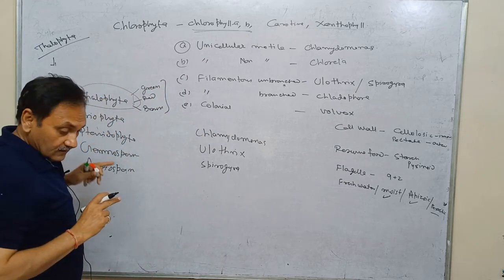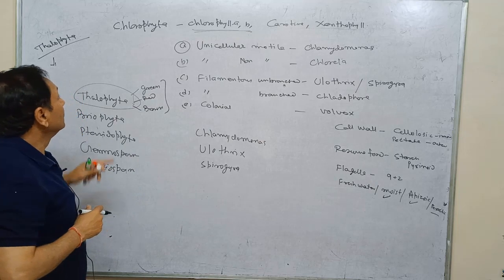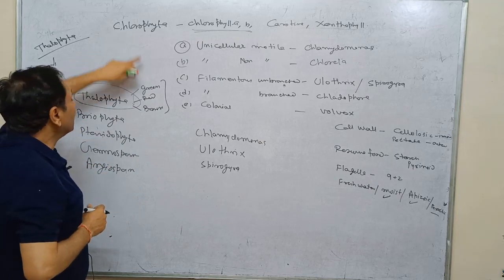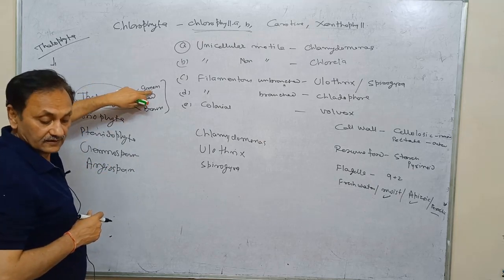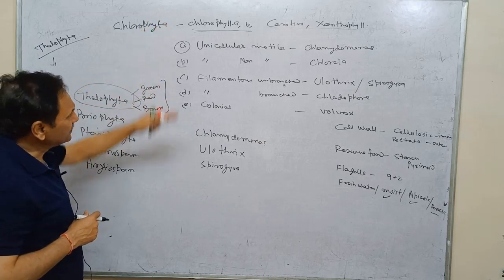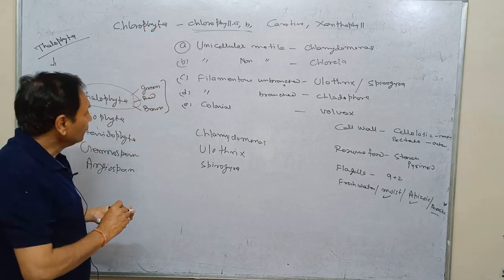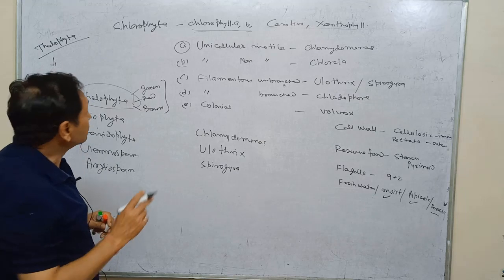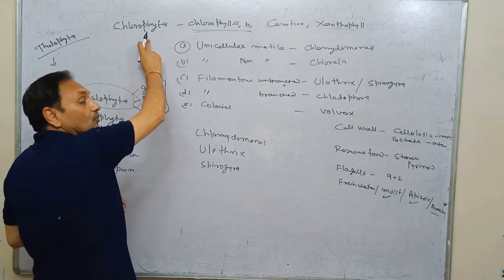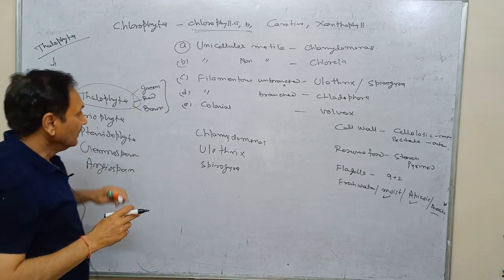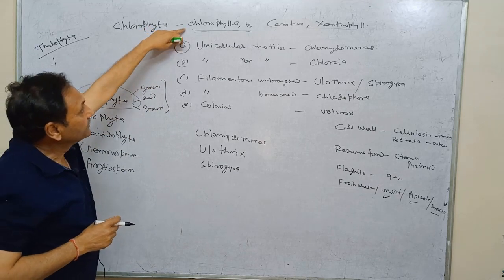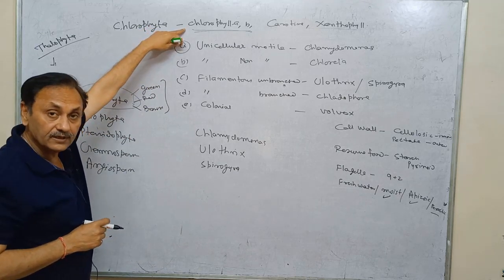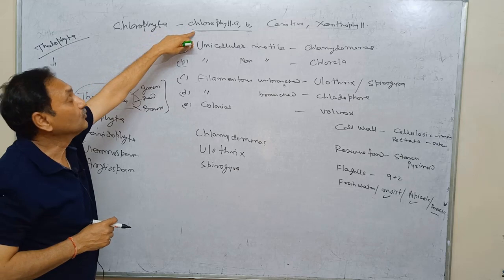Now today, in this lecture, we will discuss the Chlorophyta, which is green algae. What are the characteristic features of the Chlorophyta? Firstly, each and every Chlorophyta has chlorophyll A and chlorophyll B. It is the photosynthetic pigment.